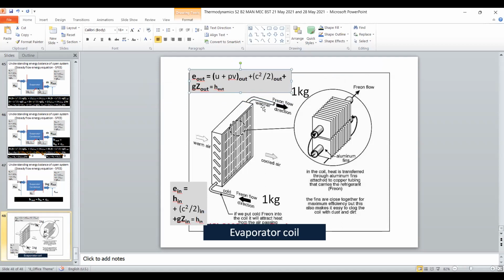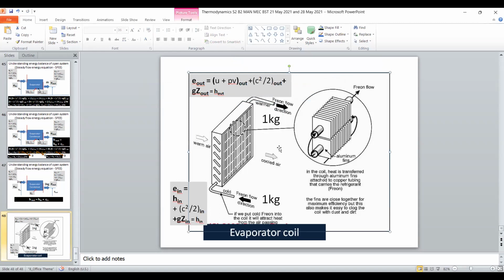E out for 1 kg. Very nice. Okay, good. And cooled air goes out, which means this receives heat.